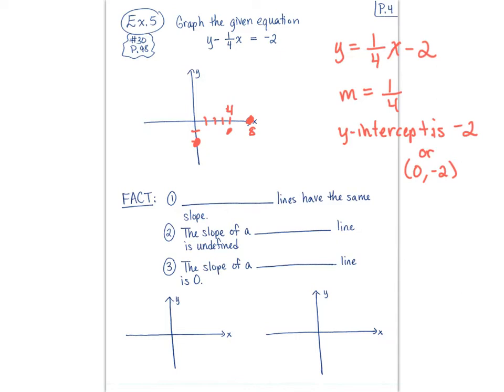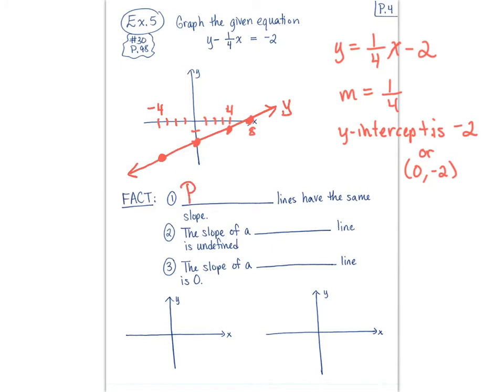Similarly, you can go down 1 and to the left 4. And then you sketch your line. So that would be the graph of y. What questions do you have? Okay. All right. So a few facts that you should know.